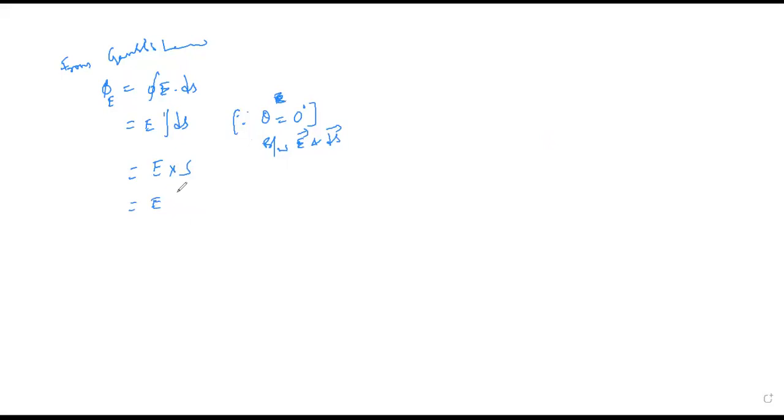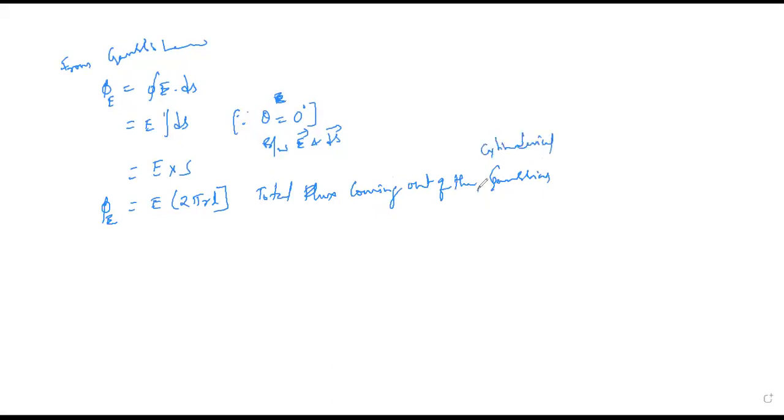It should be written as 2 pi r L. So this is the total flux which is coming out of the Gaussian surface, the cylindrical Gaussian surface. Like this, you have to write cylindrical Gaussian surface.